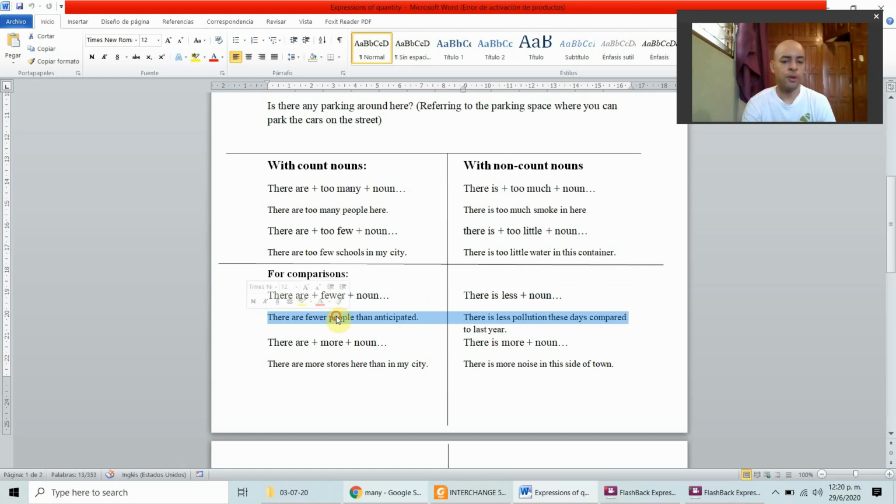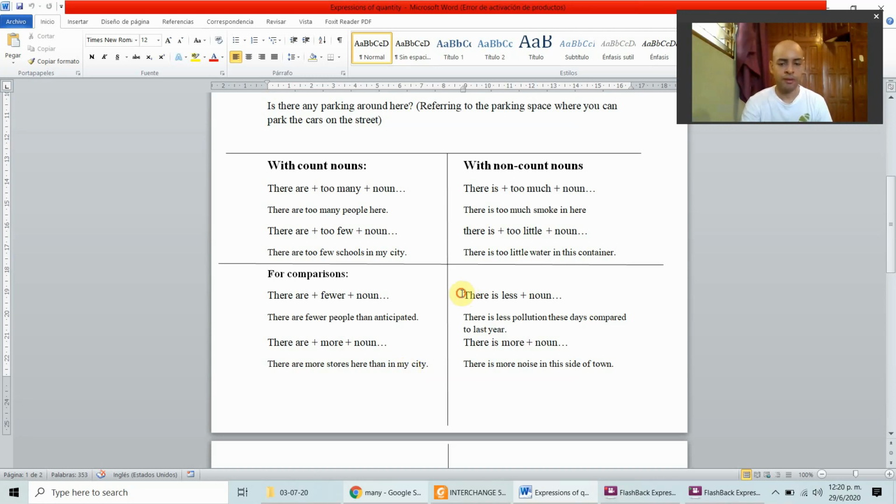There are fewer people than anticipated. You were expecting a lot of people in a place, but not many arrived. There are more plus noun. So there are more stores here than in my city. You are saying that there is a bigger number of stores here than in my city.